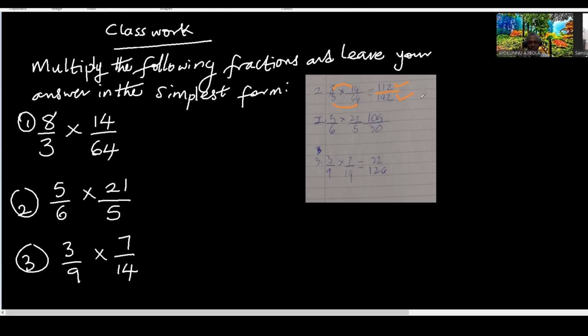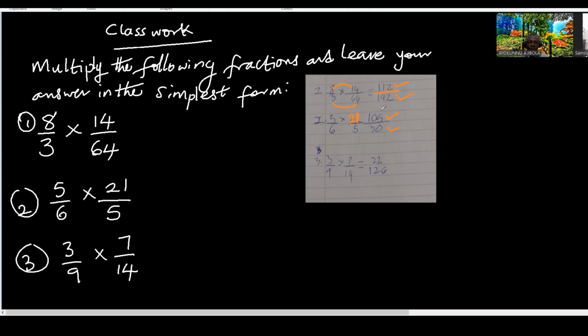Then you multiplied 5 times 21, please take note of the way you write your 21, so that it doesn't look like 27. So 5 times 21 has given you 105, and 6 times 5 has given you 30. That's also correct. But what is not correct is that they are not in the lowest form. In fact, this one is an improper fraction.